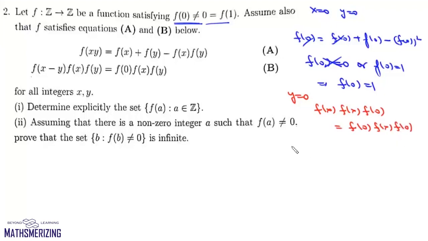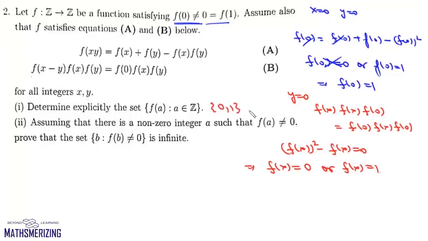So from here we can write f(x) square minus f(x) equals 0. That means the value of f(x) is either 0 or 1. So this function f(x) can take only two values, 0 and 1. That means the range of this function is simply {0, 1}, and that's your part A.